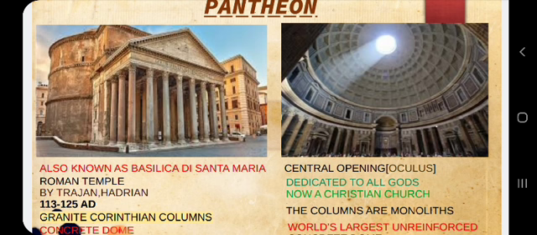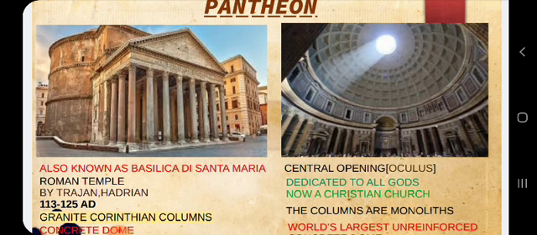And the dome you can see in the second image is completely made of concrete, and it's got a central opening called the oculus, from which the light comes into the temple for the devotees to worship their gods. So actually this Roman temple was basically built dedicated to all gods of all religions.